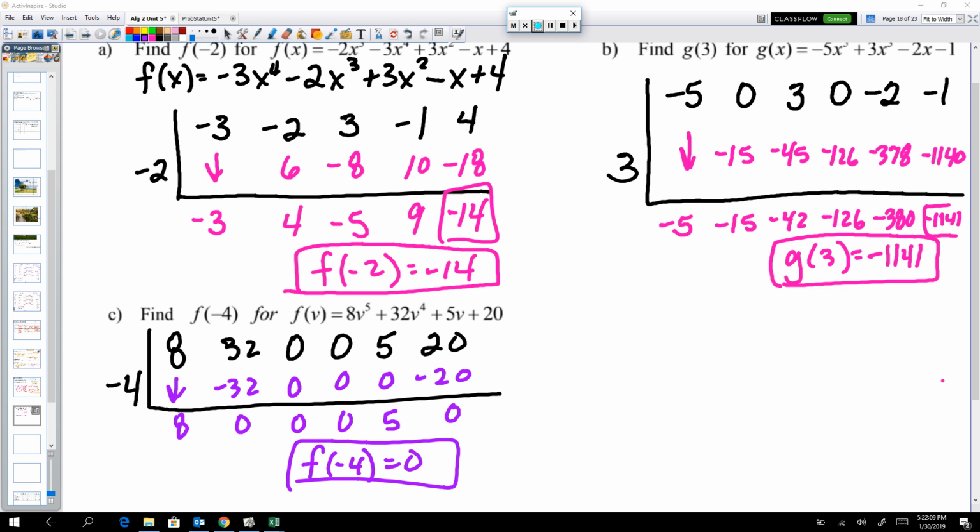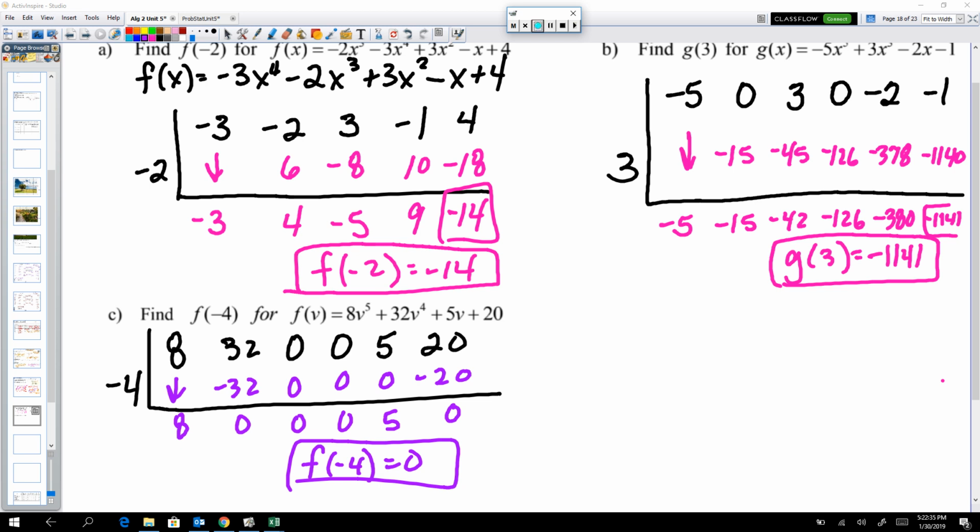One other little note I'll have is notice some of the scenarios where it makes more sense to do direct substitution. In other scenarios, it makes more sense to do synthetic substitution. I think for part C, there's certainly a case to be made for just simply direct inputting -4 into each of those terms. It might have been a little faster. Maybe not, depends on how fast you are at synthetic.